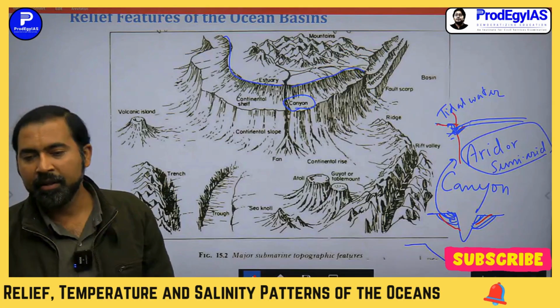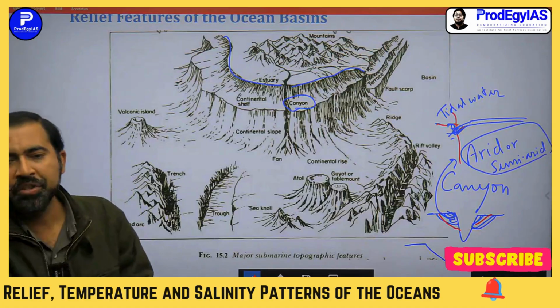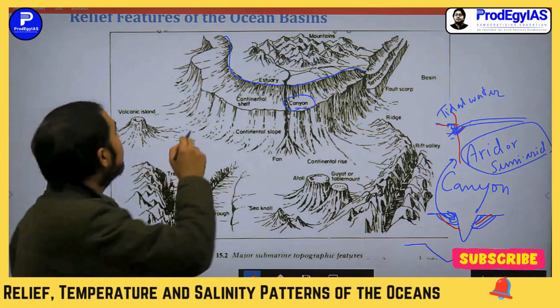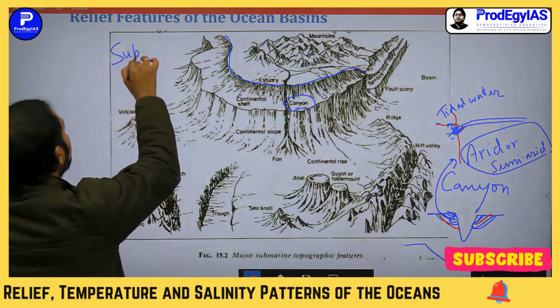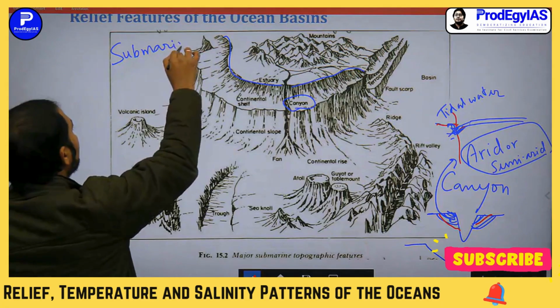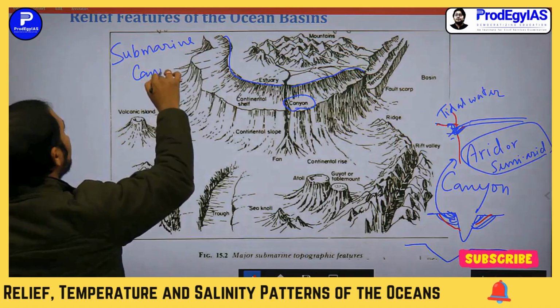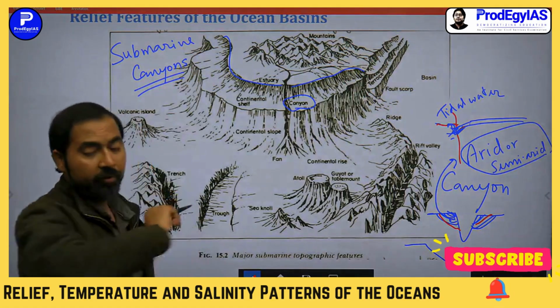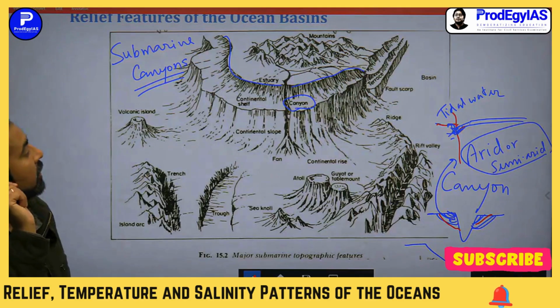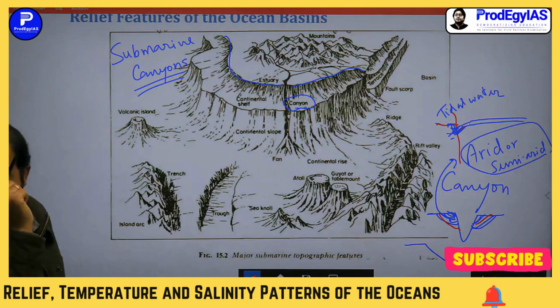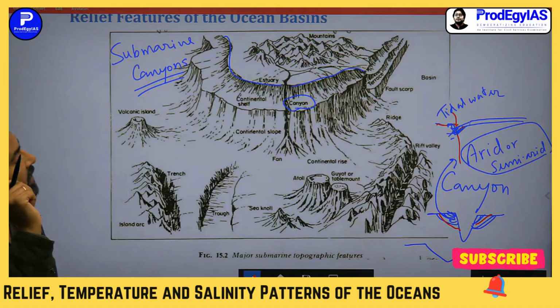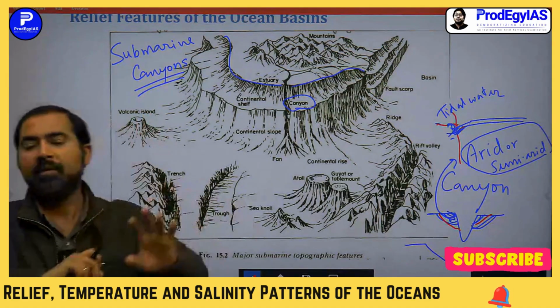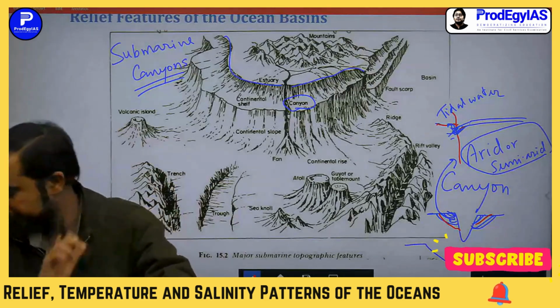Here on the margins of the oceanic areas, you can find some submarine canyons. Write down these things, very important for your exam. Submarine canyons have features just like the canyons of the continents.